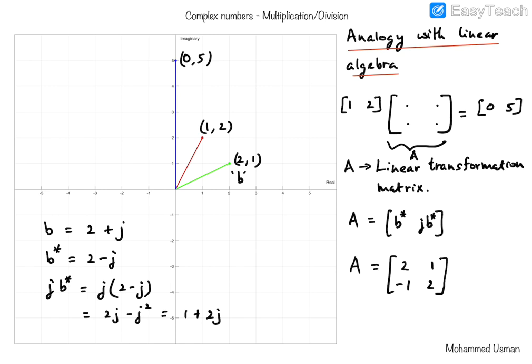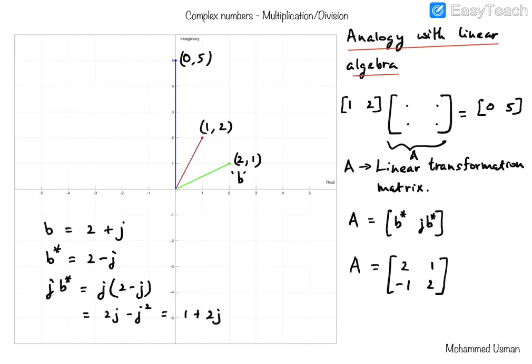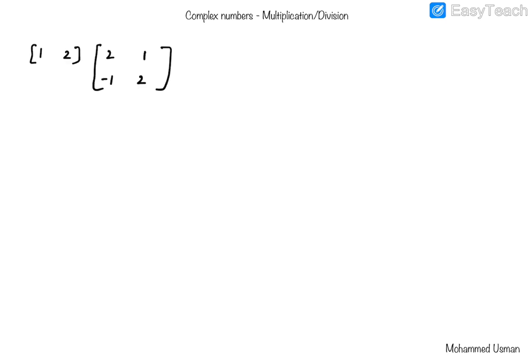So let's perform and verify this calculation. So we have our vector 1 2 multiplied with this matrix which is having 2 minus 1 and 1 2 as its elements. So 2 minus 1 is the first column, which is b star, and 1 2 is j times b star. So when we multiply this using the normal rules of vector multiplication with the matrix, we'll get 1 times 2 plus 2 times minus 1.